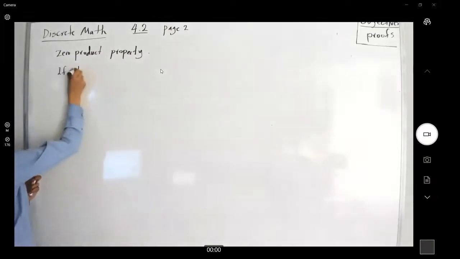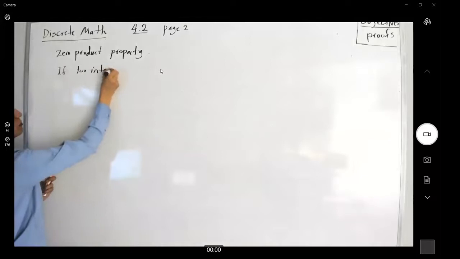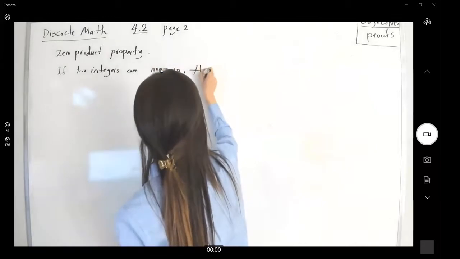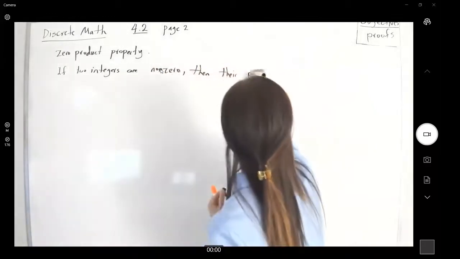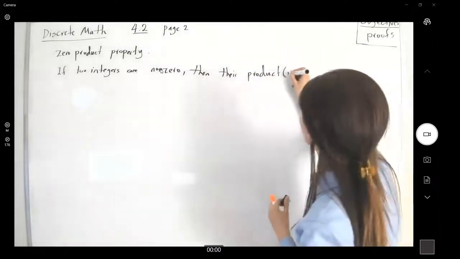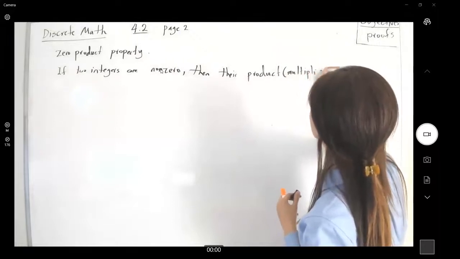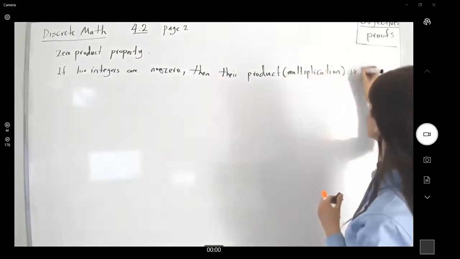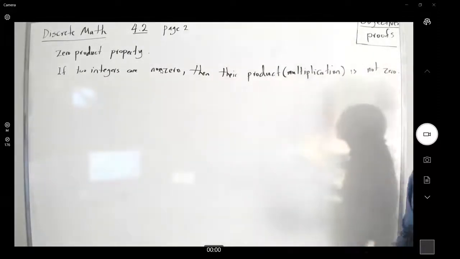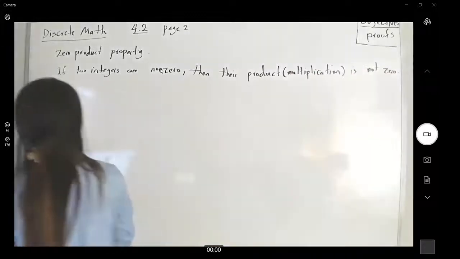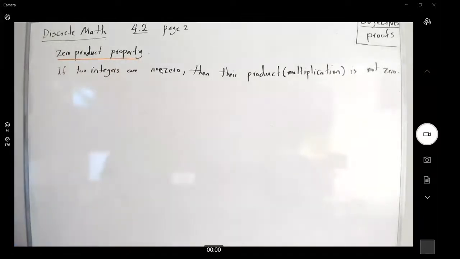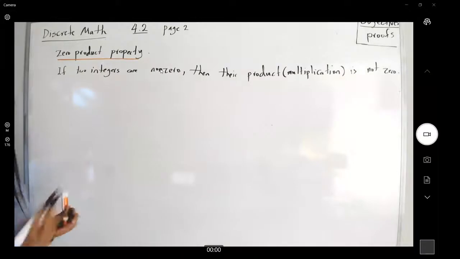If 2 integers are non-zero, then their product, or their multiplication, is not 0. So we have a name for this property and we call it zero product property. You saw this theorem before.